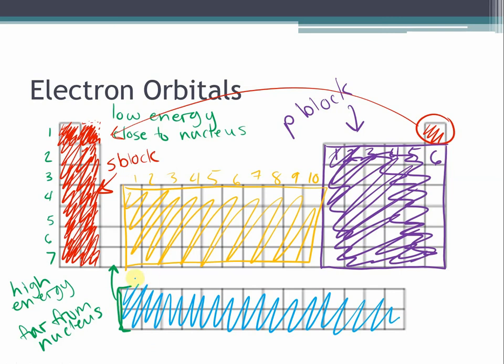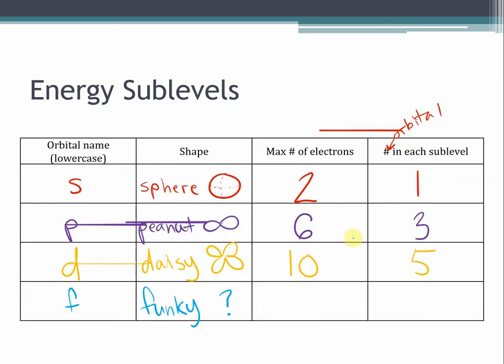If you count across, you'll count 1, 2, 3, 4, 5, 6, 7, 8, 9, 10, 11, 12, 13, 14 boxes, which means there are 14 electrons in my f orbitals for any energy level. So I can fit a maximum of 14 electrons, and if you were going to guess, hopefully you would guess that there are 7 of those orbitals in each energy level.